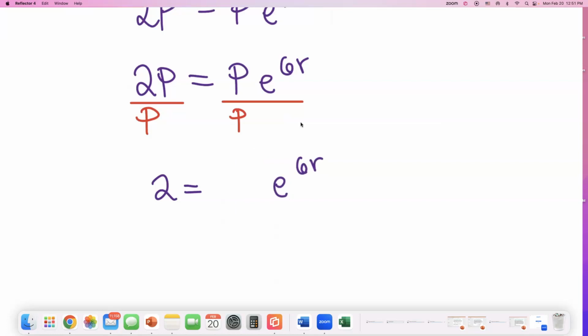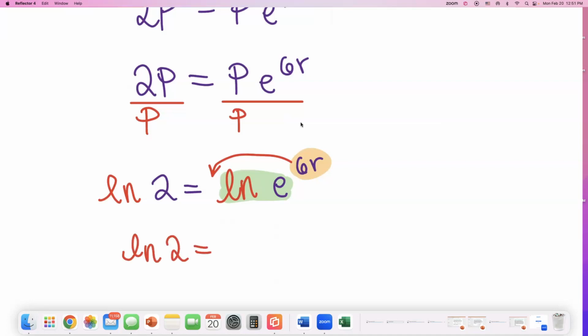Look, if you take natural log, this 6R will come down to the front, in front of natural log. And what will happen to this natural log of e? That will just become 1, so you can just cancel that out. So what's left? ln2 equals 6R. And no more natural log of e.